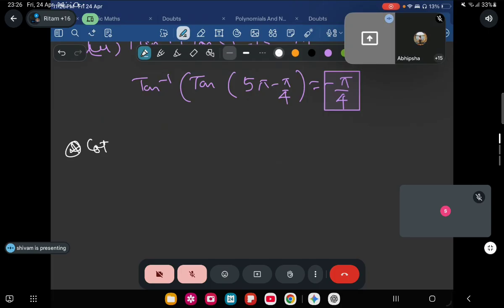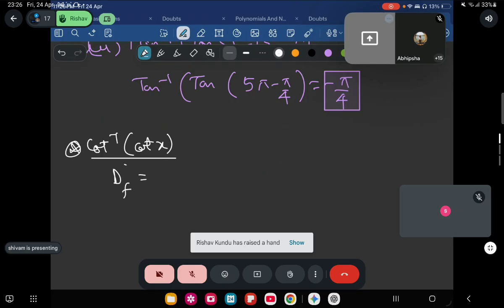Cot inverse cot of x. Okay. So tell me, what is the domain of cot inverse cot of x?